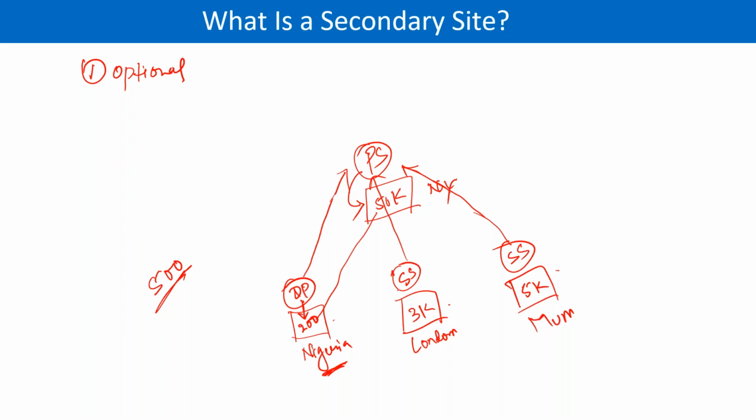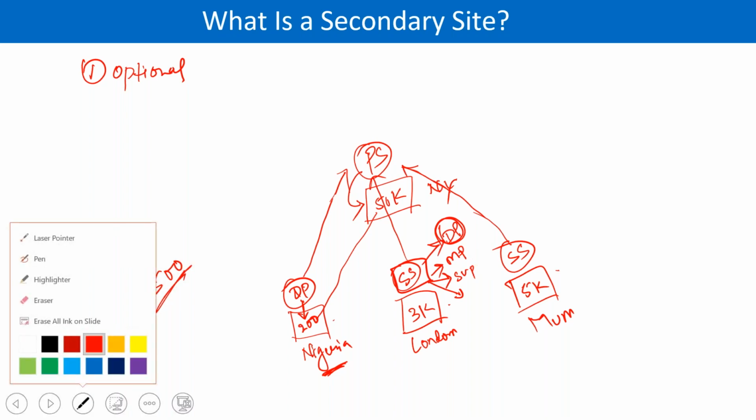A secondary will have many components, like a distribution point. Let's say London will have a distribution point, a management point, and a software update point. Many roles will be there, but in Nigeria we will have just a single distribution point. Other roles will not be there in Nigeria. Understood?